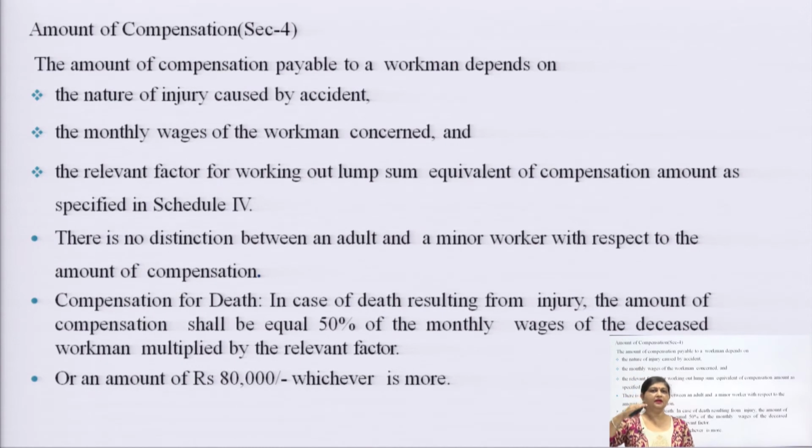So, how will we compute the amount? We will take 50% of the monthly wage of the deceased employee and multiply it with the relevant factors, right, and whatever amount we get, and rupees 80,000, which is fixed, whichever is more will be paid to the dependents of the workman.